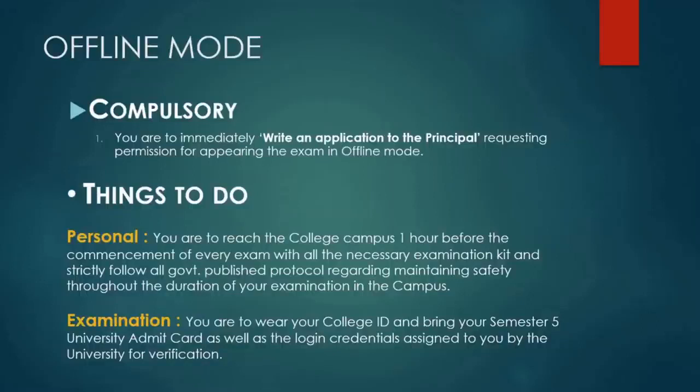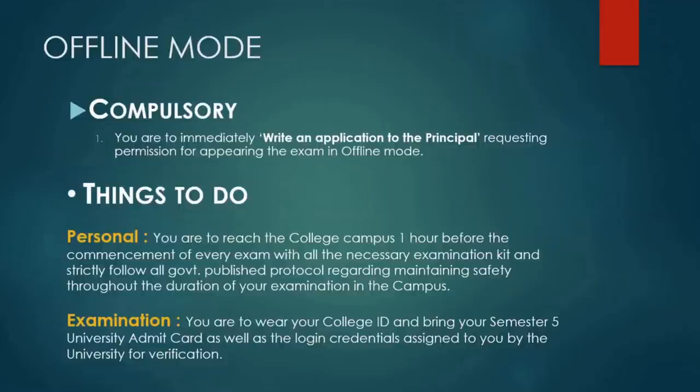Once you have received written permission from the principal for appearing the exam in offline mode, then there are a few things for you to do and remember. Firstly, on the personal front, you are to reach the college campus 1 hour before the commencement of every exam, which means if the exam begins at 9, you have to reach by 8.